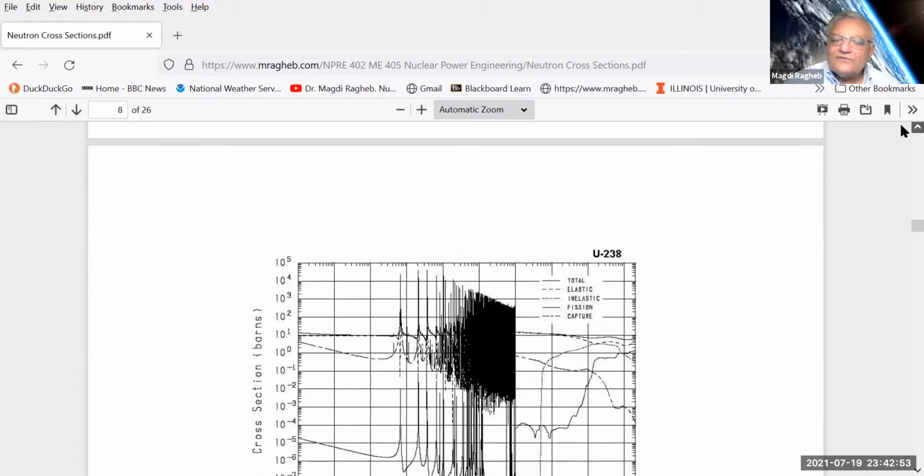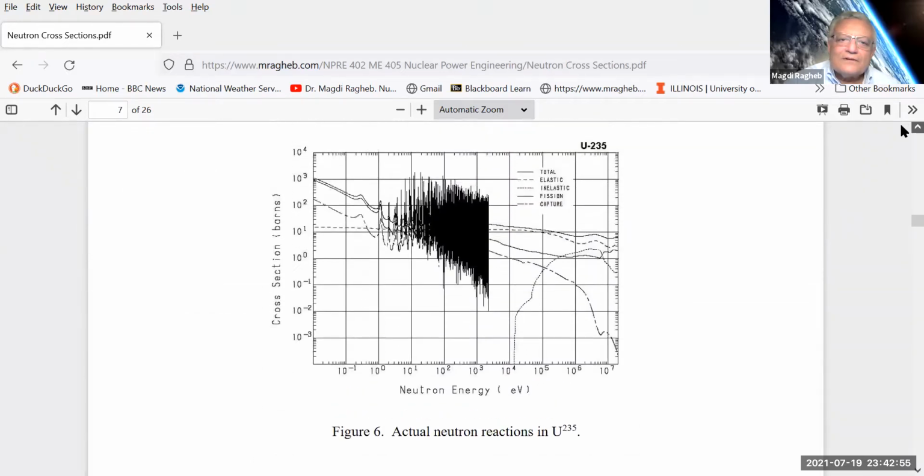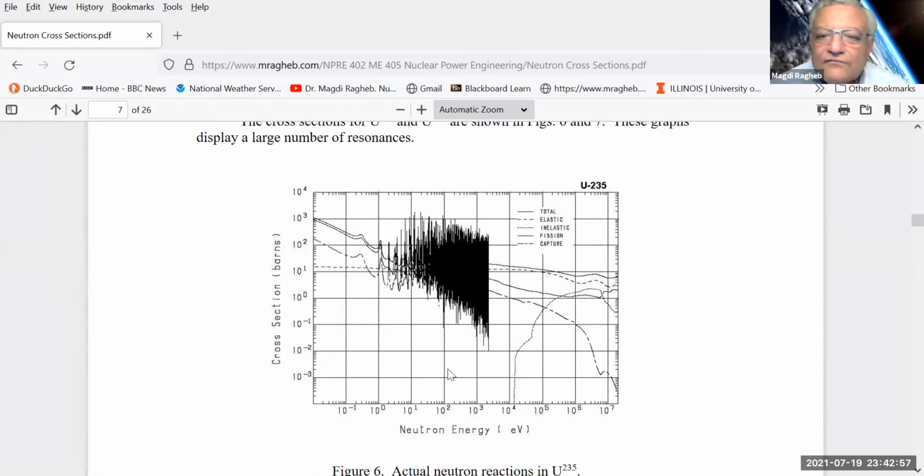When you take uranium-235, look here at the cross-section for fission at very low energies. Neutrons here, that would be 1 electron volt, that would be 0.1 electron volt, and when we deal with thermal neutrons, it's 0.025. In that region, you find that the fission cross-section would be in the range of 1,000 barns.